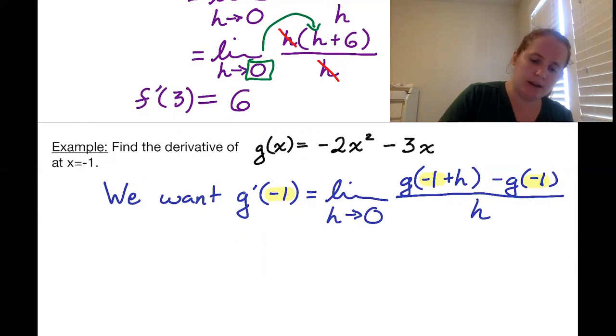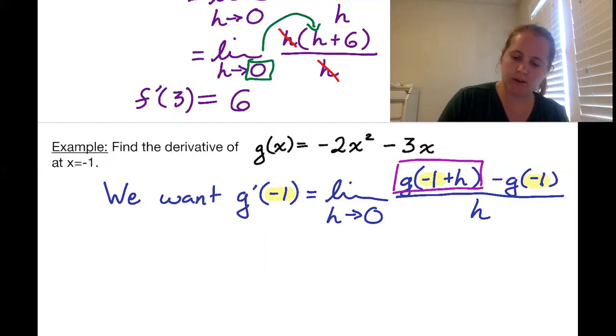Again, we'll go ahead and simplify it off to the side. So we will need g of negative 1 plus h. We will do that in purple, and g of negative 1 we will do in blue.